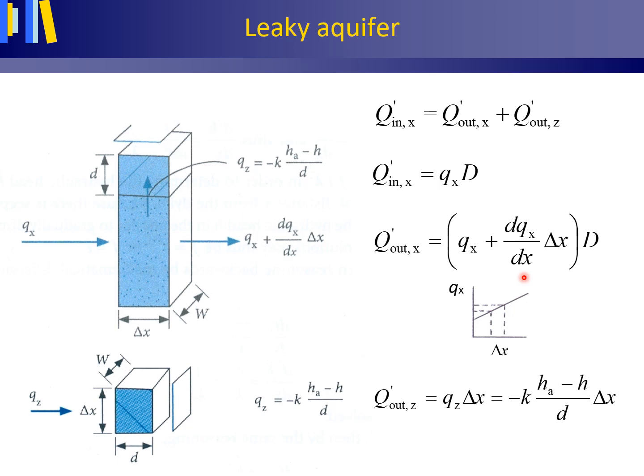Merely as an example elucidating this principle, consider the slope in this small figure. By multiplying this rate of change, this slope, with the section delta x where the change takes place, we obtain the total change, dqx/dx times delta x, over the section, as indicated along the vertical axis here. Q out in the x direction can then be represented by this equation.